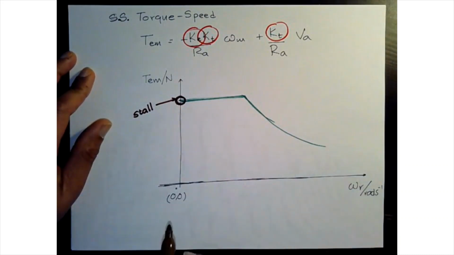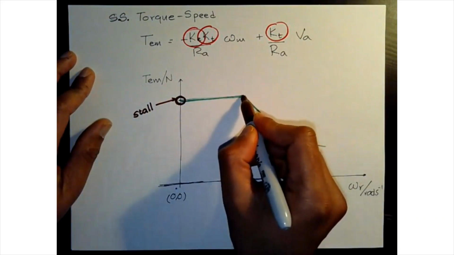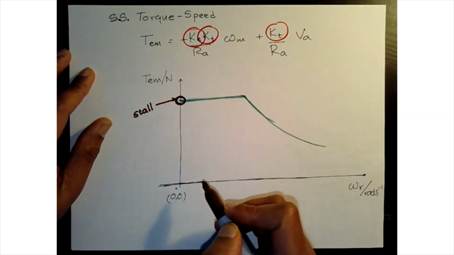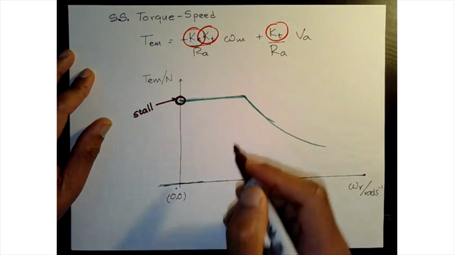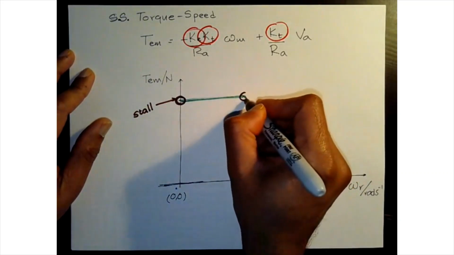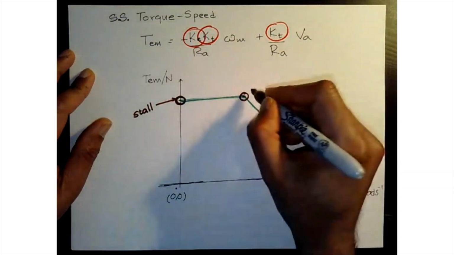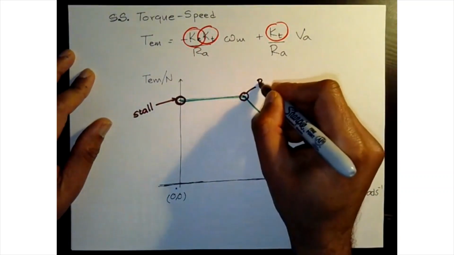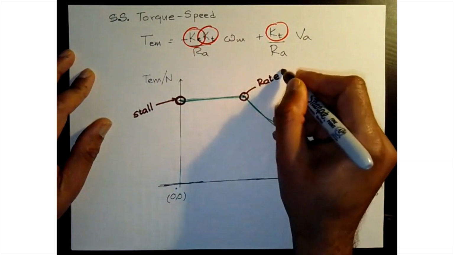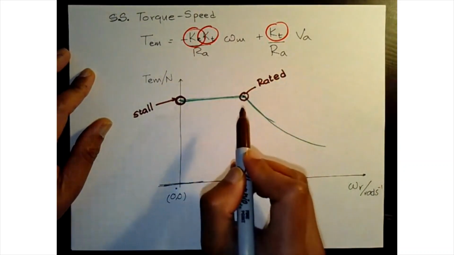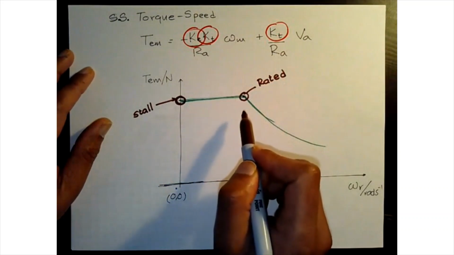Okay, and then what is this operating point called? Rated. Yes, very good. We call this rated because this is the rated continuous operating point for your motor.